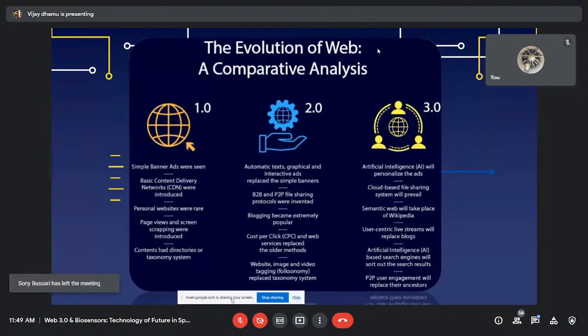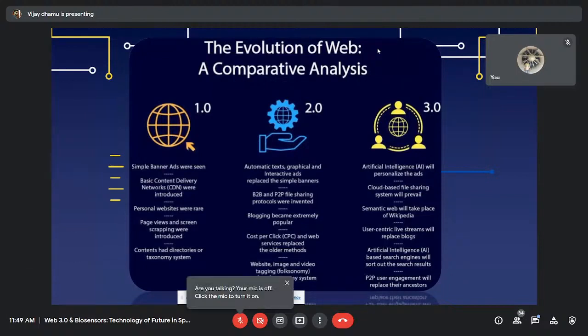And Web 3.0 will be cloud based, where all the storage and file sharing will be happening in the cloud. So, for example, here it says semantic web will take the place of Wikipedia. Semantic web is a concept that drives Web 3.0.